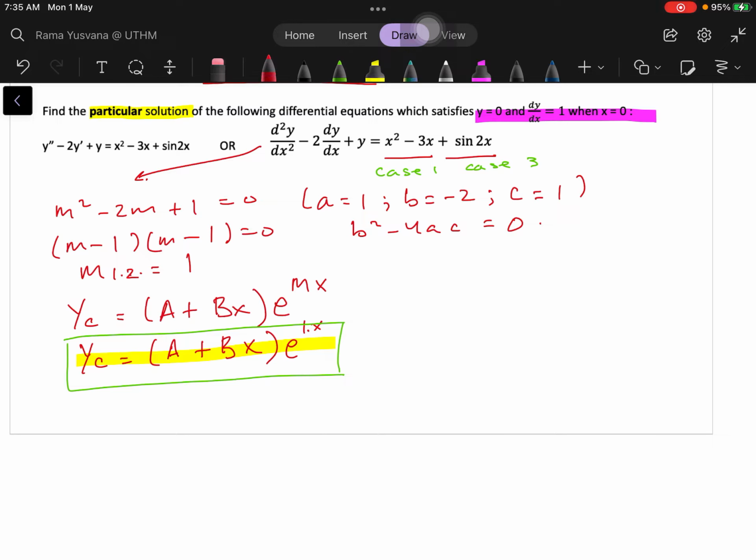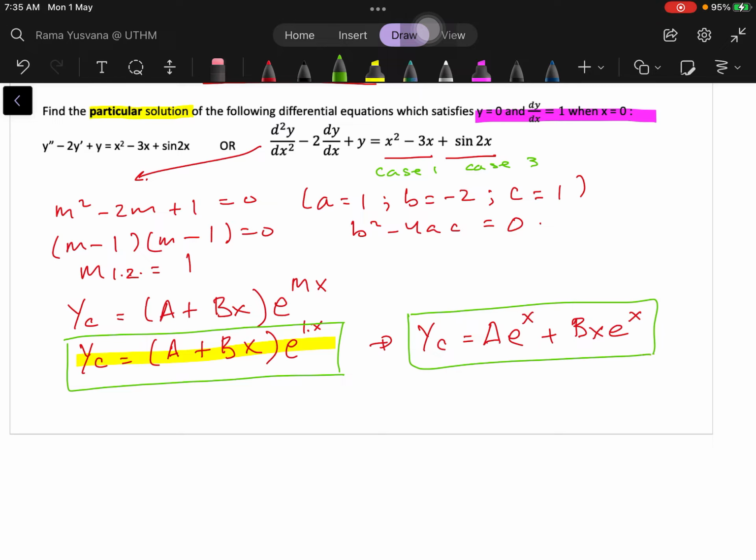I just highlight that. This can also be written in expanded form: a e to the power of x plus bx times e to the power of x. Same thing, where obviously a and b are constants.